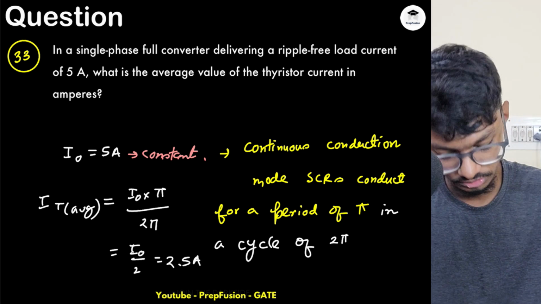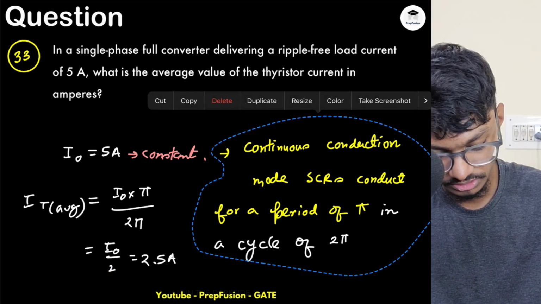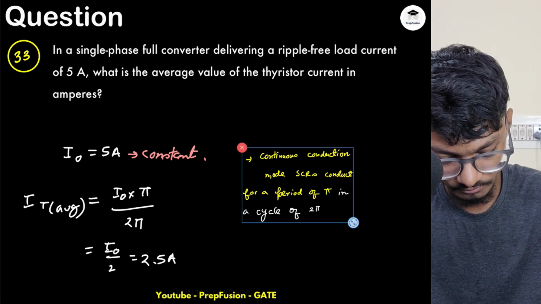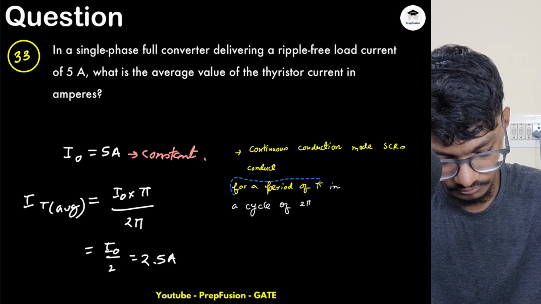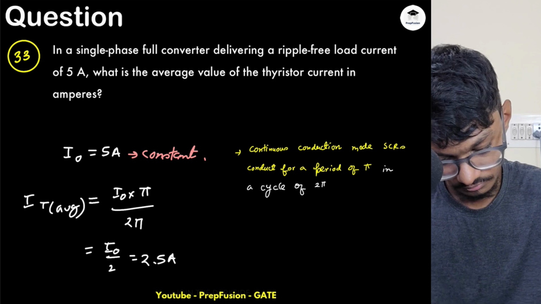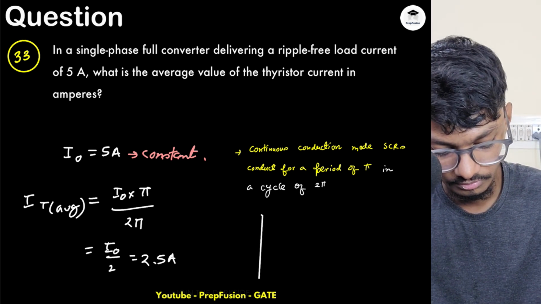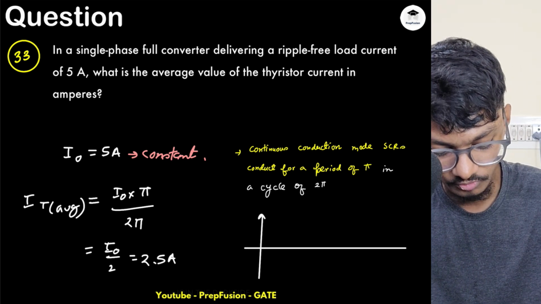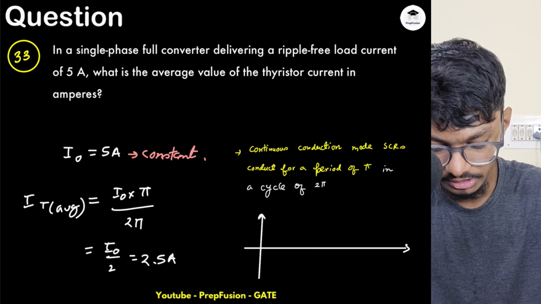Now if you want to understand this graphically, I can show you that as well. I'll just reduce the size of this. If I want to show you the conduction of the SCRs, I don't know what alpha is, so I will assume an alpha.